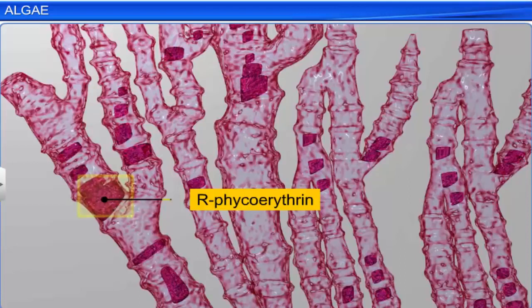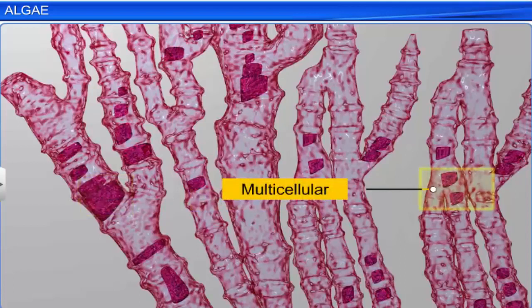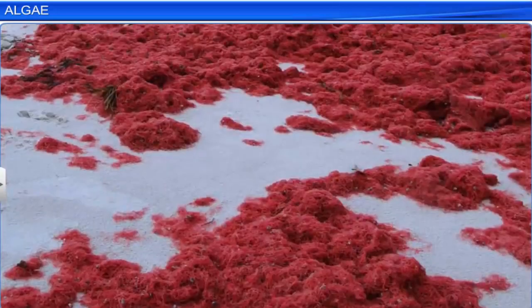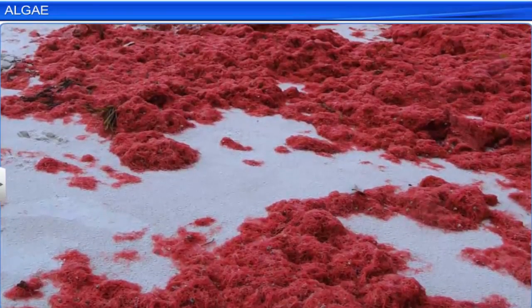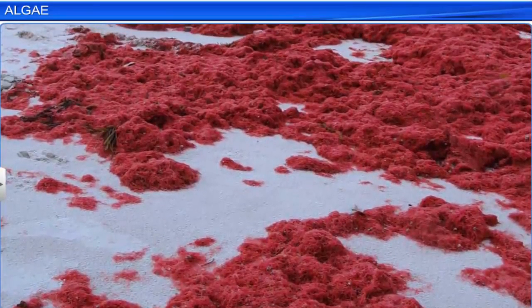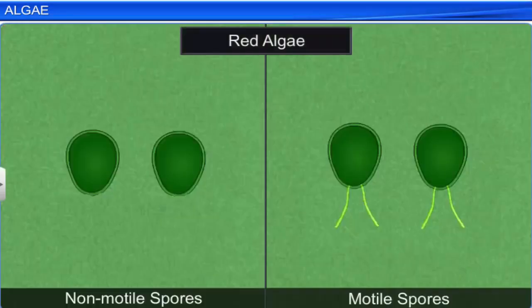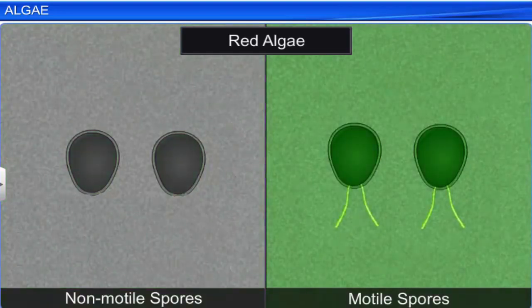The thalli of red algae are multicellular, and food is stored as Floridean starch inside the cells. Red algae are found in brackish and salt water, and mostly in warmer areas. Red algae reproduce vegetatively, asexually through non-motile spores, and sexually through motile spores.